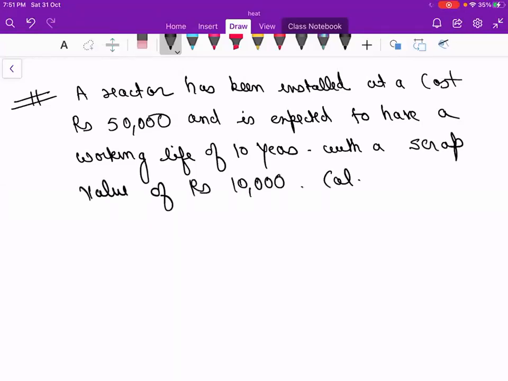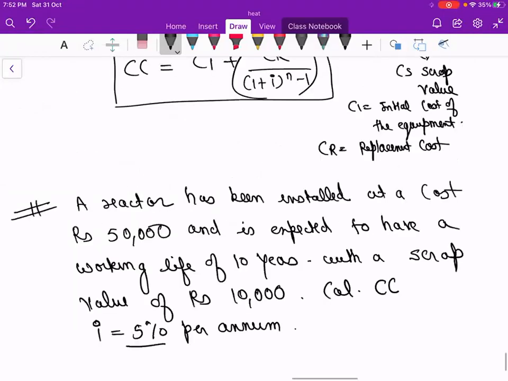Calculate CC, rate of interest per annum 5%. Okay, solve this.